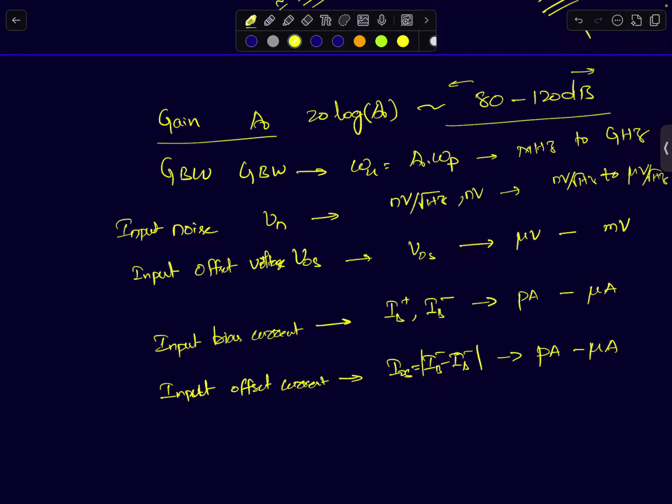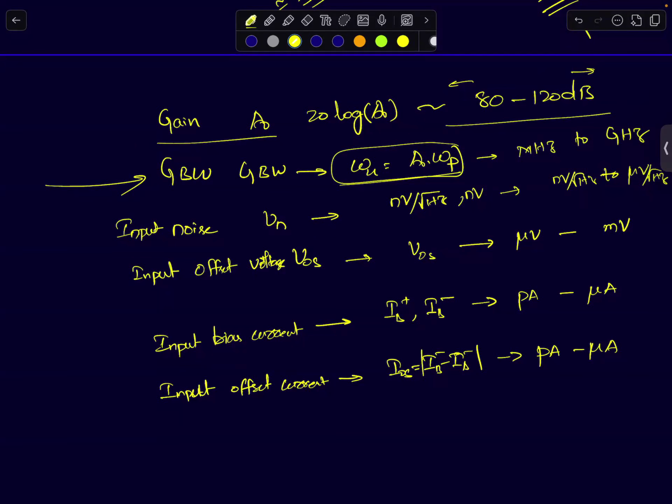The second one is gain bandwidth product. Gain bandwidth product is a measure of the maximum frequency you can apply to this op-amp and expect faithful amplification. The circuit will behave exactly as you analyzed it using ideal op-amp models, but only until this frequency given by the gain bandwidth product or unity gain frequency.